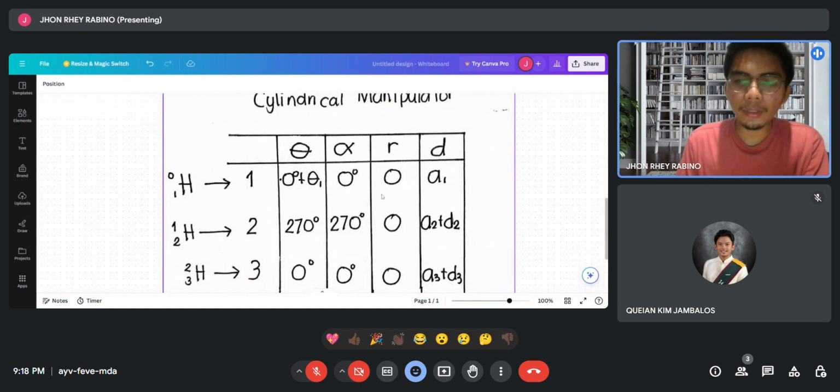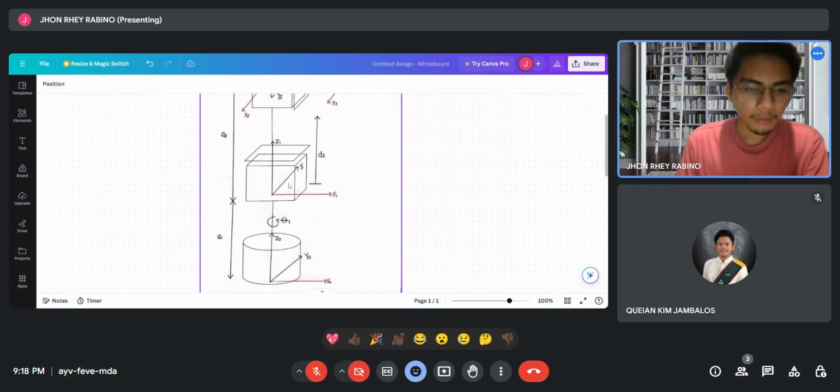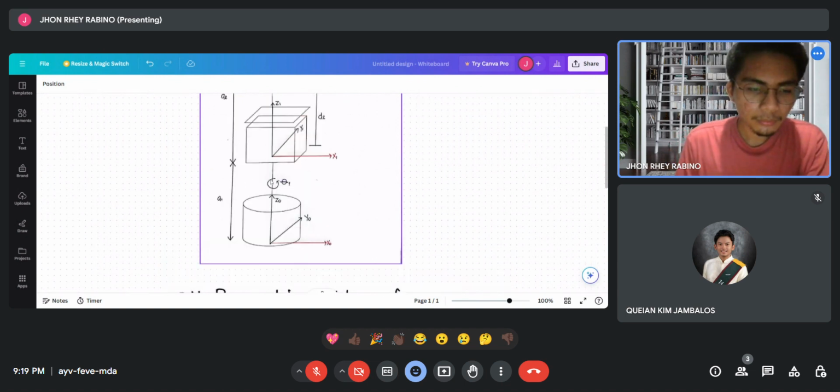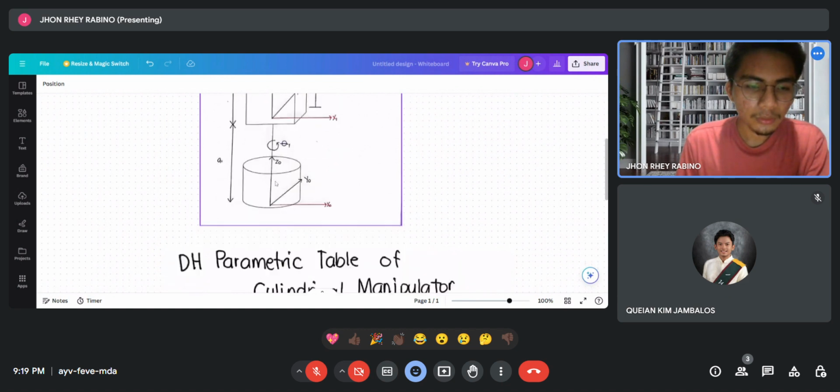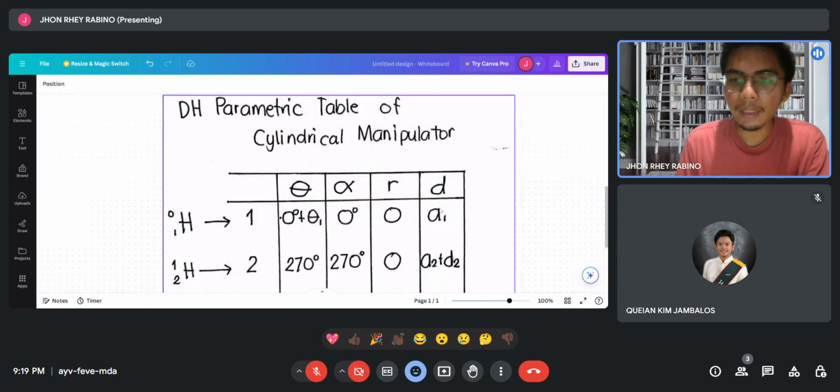For the parameter d, we begin at the base along z sub 0, and we have a sub 1 in row 1.